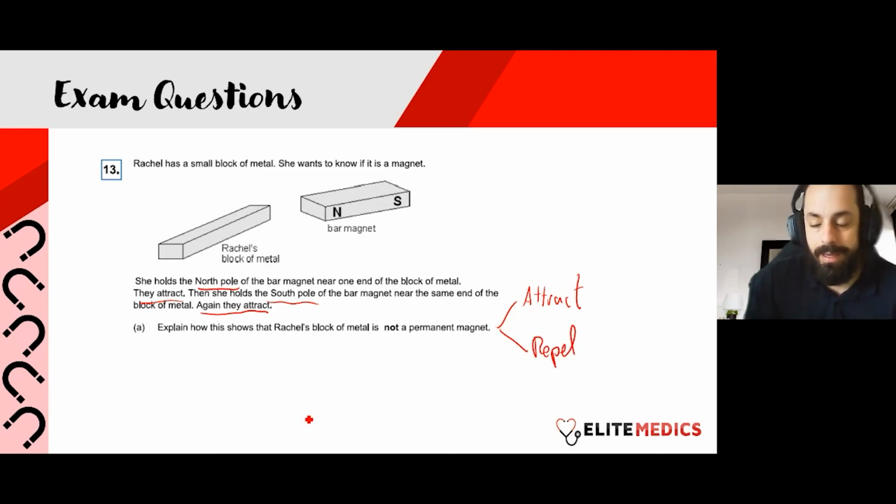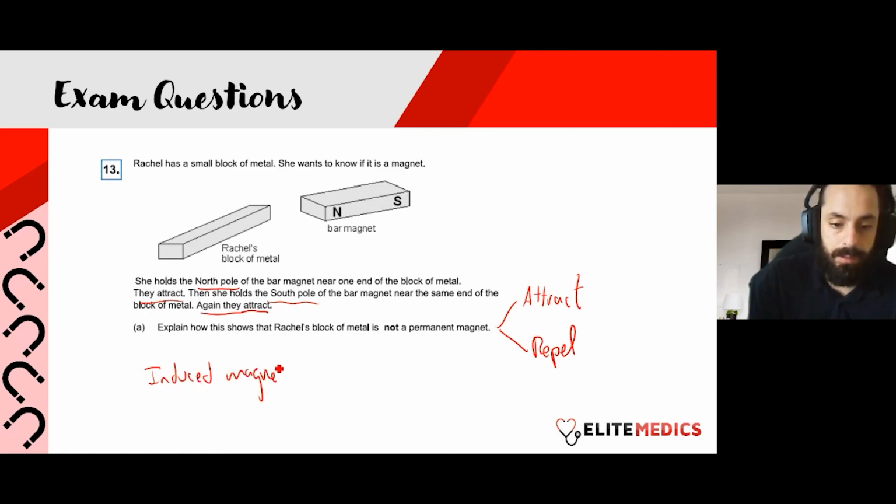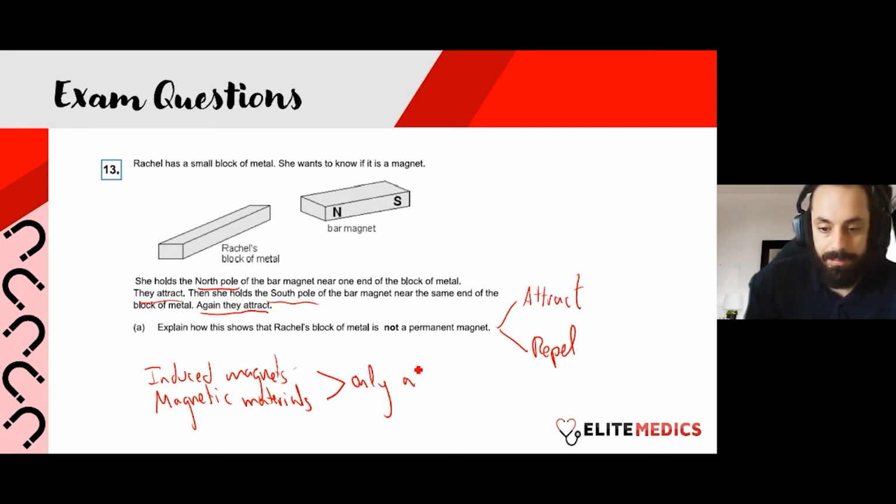So if this is true, then this must be an induced magnet. Induced magnets, or magnetic materials, okay, only attract. And this is exactly what's happening with this material.